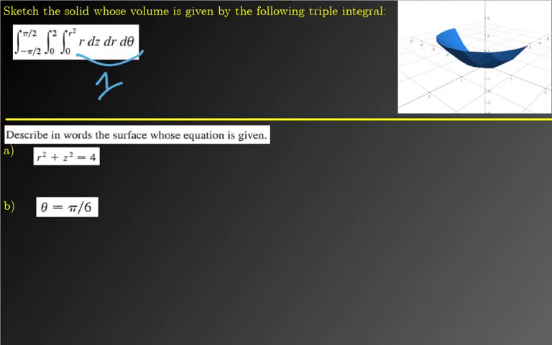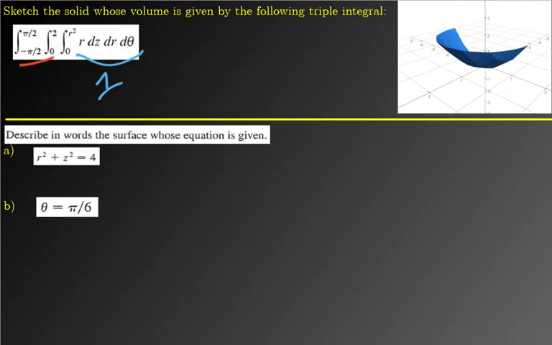So I'm going to go to these two first. These are the polar bounds in r and theta. If this is z, x, y, those two bounds say that the radius should be 2, so I should be going out to 2. But the angle is only negative pi over 2 to pi over 2.